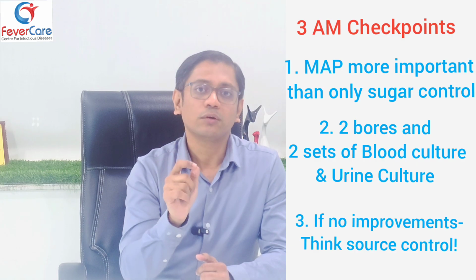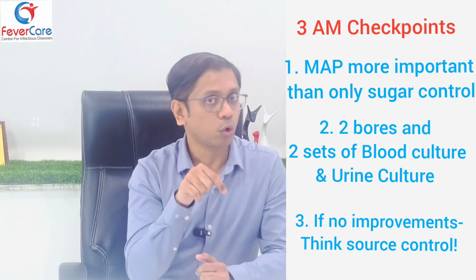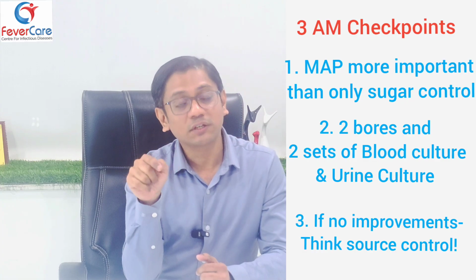Try to find out if you have actually narrowed down on the correct focus or not, and whether that focus requires a surgical source control or not, because antibiotics do not penetrate well inside the abscesses if they are not drained properly.